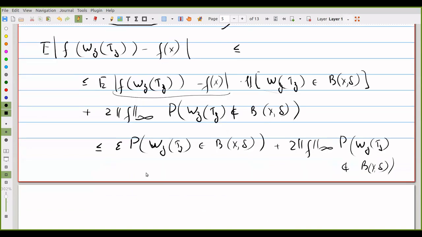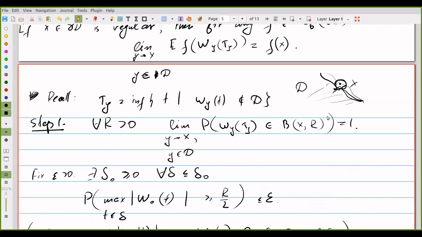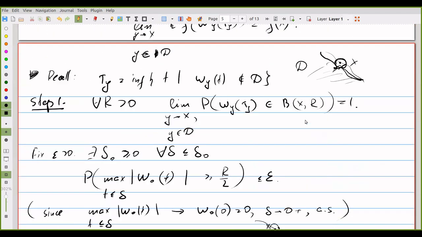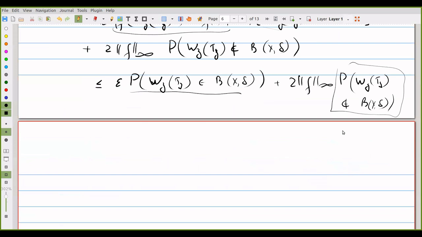Now, this is just 1. Epsilon is arbitrary, and this can be estimated by what we obtained here. So this goes to 1 when it hits. So when it doesn't hit, it goes to 0.